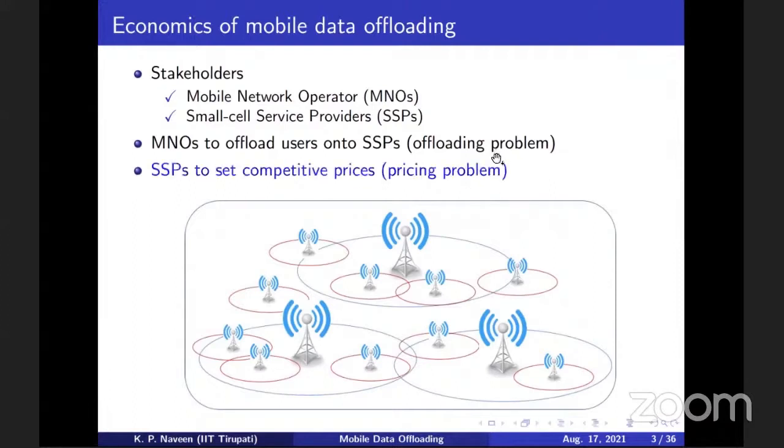But what we are primarily going to be interested in this talk is the SSP's problem of setting competitive prices. As I mentioned earlier, these SSPs could be owned by different operators, different private parties. Since several such parties are available for the mobile network operator, SSPs have to set competitive prices to make revenue out of this process of offloading.